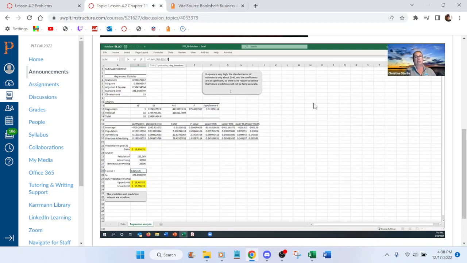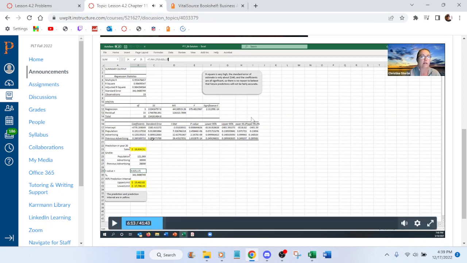And use the T.INV.2T, that divides the p-value across 2 tails, right? And 0.025 is each of those tails in order to add up to 0.05. So that's where I get that next value, and then the degrees of freedom of 17.